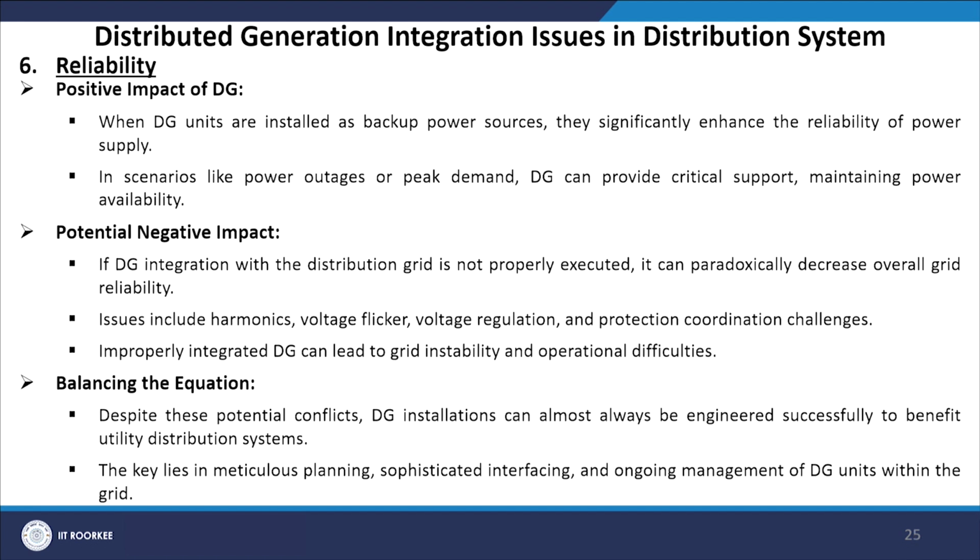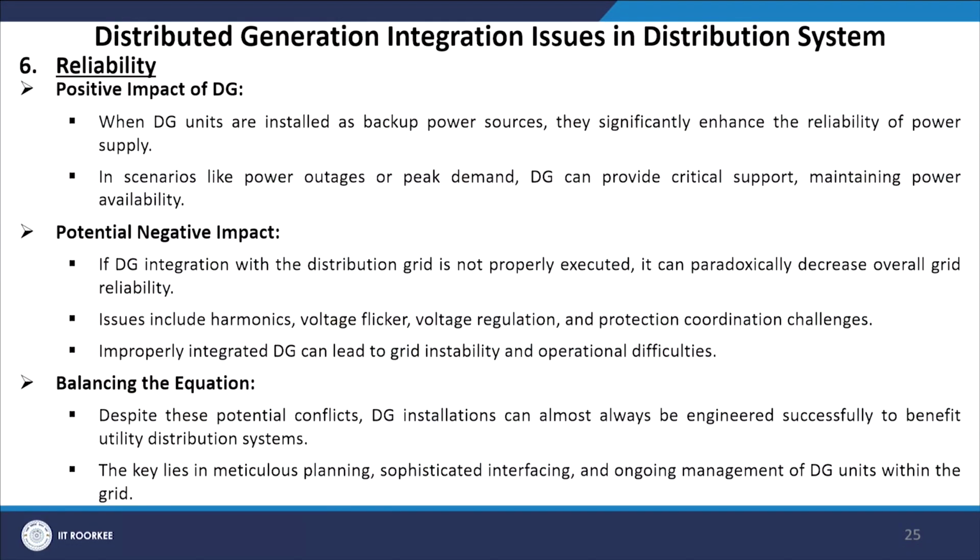The last section, which we talk about, is reliability, the positive impact of DG. When DG units are installed as backup power sources, they significantly enhance the reliability of power supply. It is very clear that when the main grid is not available to you, or the main thermal power plant or huge centrally connected generating units are not available to you, probably through distributed generations locally you can manage some of the distribution loads.